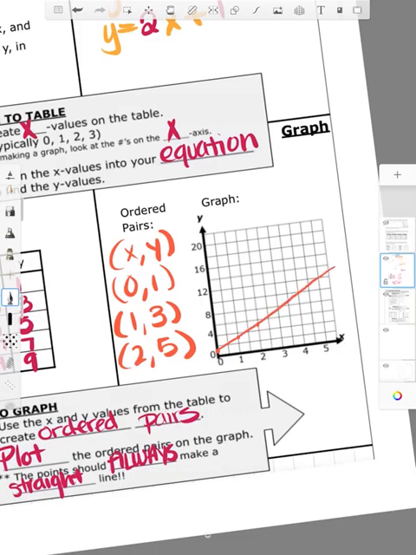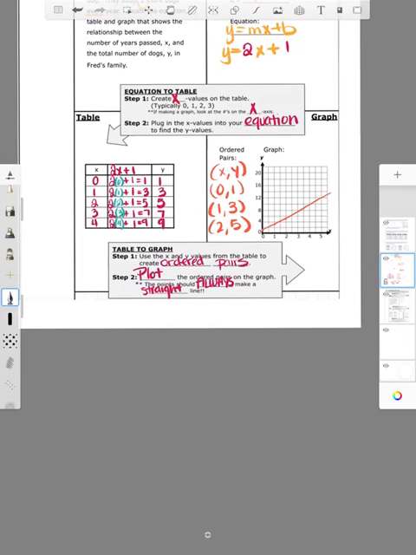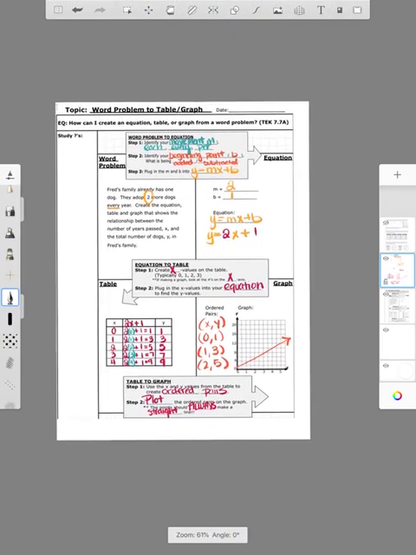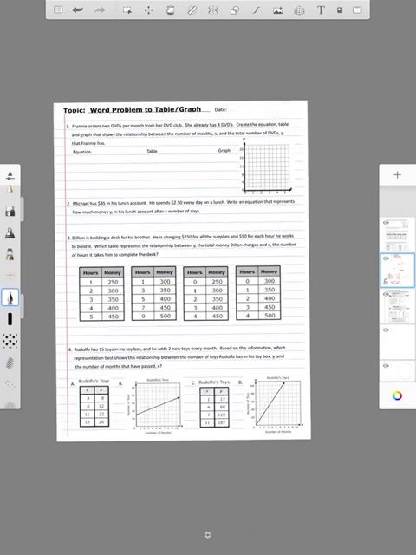And that's going to represent my graph. I could have kept putting more and more points if I wanted to, but I just stuck with 3. So that's all there is to it when we're converting word problems to equations, equations to tables, and tables to graphs. So we're going to do a couple practice problems next.